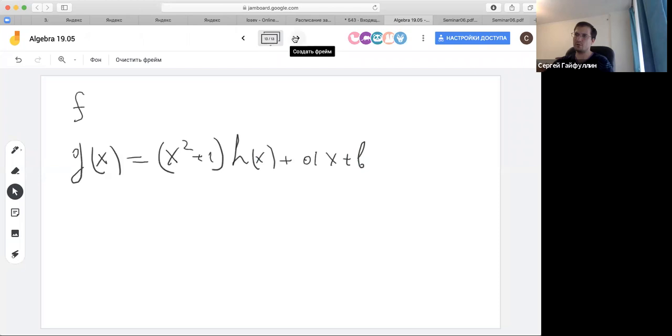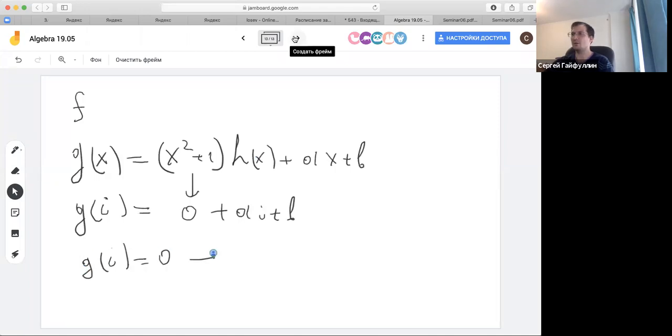So if I want to obtain g from i, this is 0 plus ai plus b. So if g from i equals 0, then g from x is divisible by x squared plus 1. Okay?